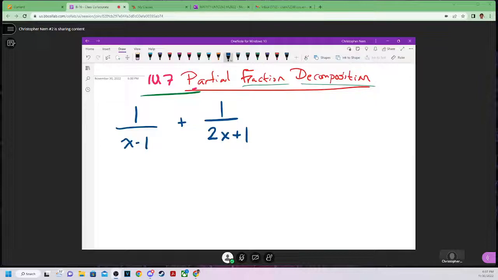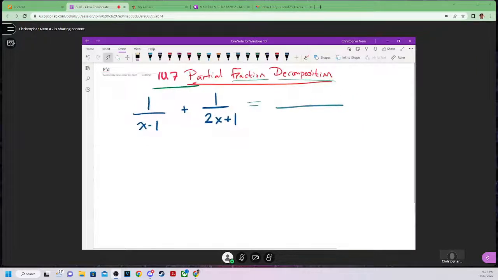Everybody here should be able to combine these two fractions together, and it should be straightforward. To add them up, we know that we need the least common denominator. What should the least common denominator be? It should be x minus 1 times 2x plus 1.